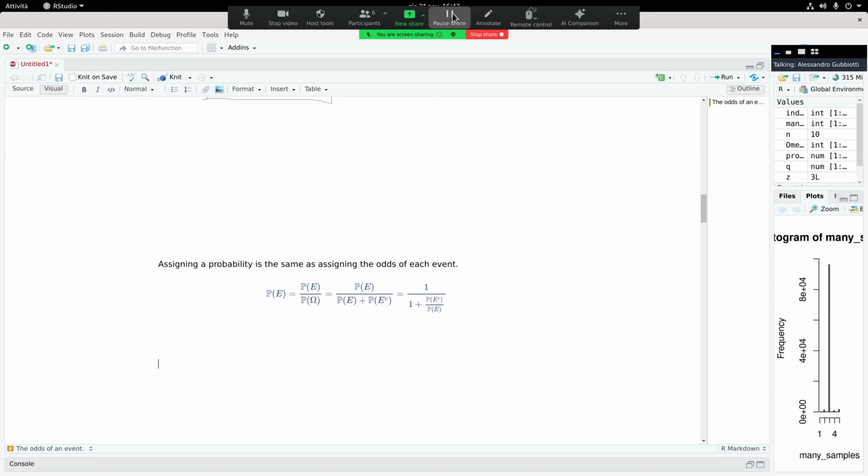Okay, we were here. Now, what's happening is that we are forgetting the most important information we have: we know that A happened. So basically, we have to compute actually this probability.